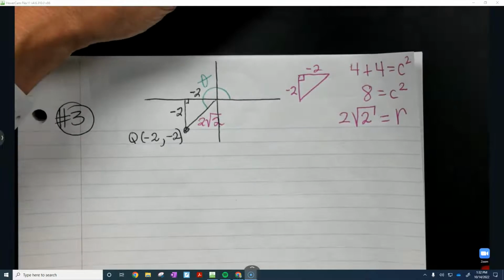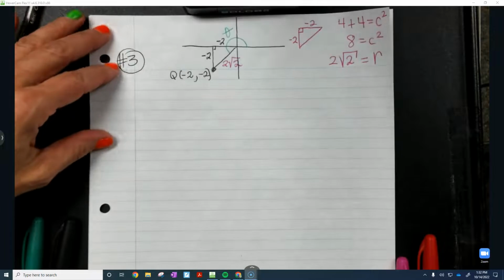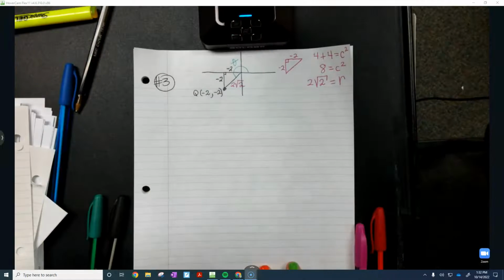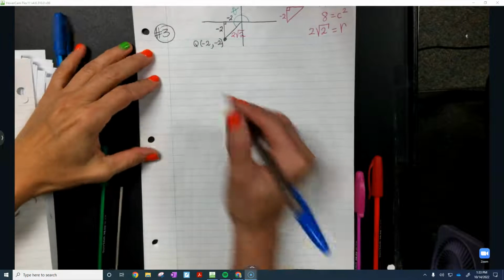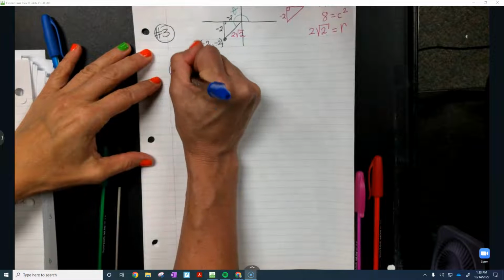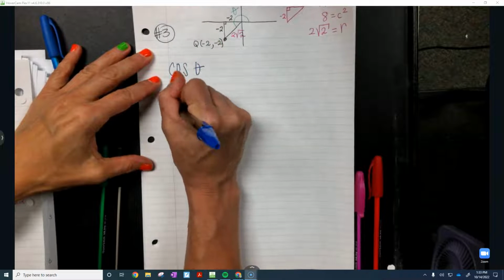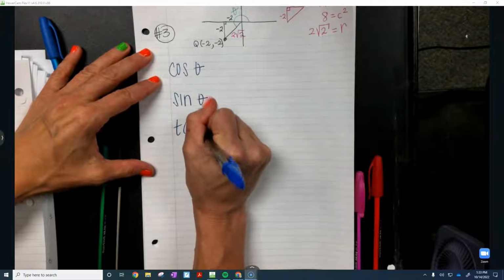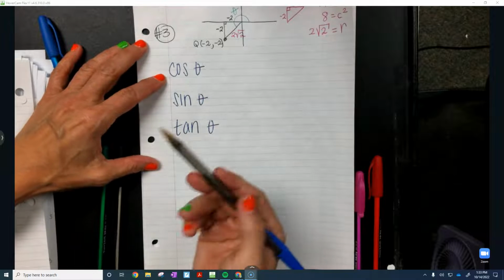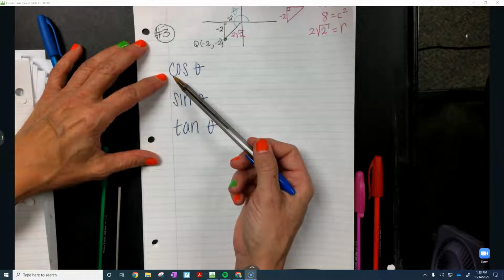All right, I'm going to zoom out so you can see everything. All right, 6 trig ratios. Here we go. Cosine theta, sine theta, tangent theta. Now look, what's the reciprocal for cosine?